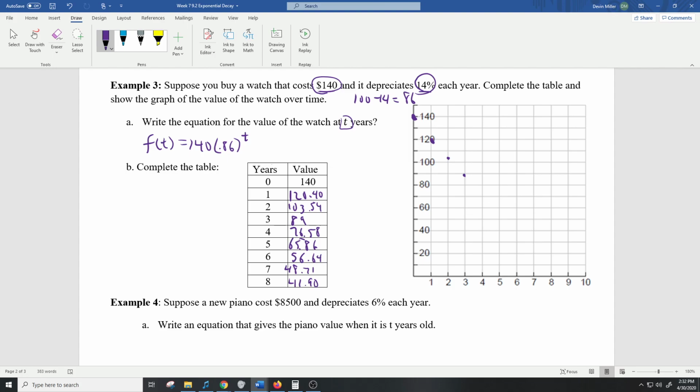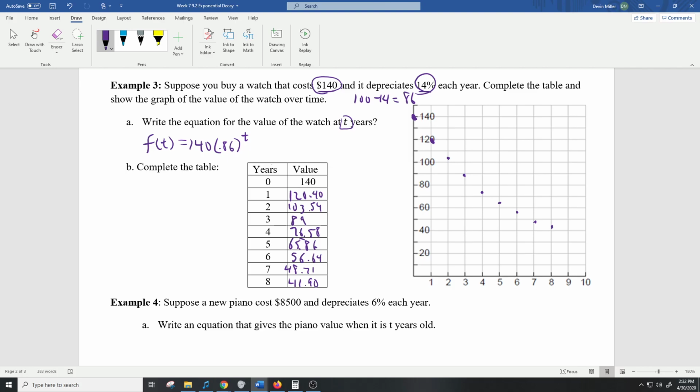There's 70 here, so like right here. 5 is 65, which would be right here. 6 is 56, so maybe this is 50 right here. 7 is 48 right here. And 8 is 41, so right about here.